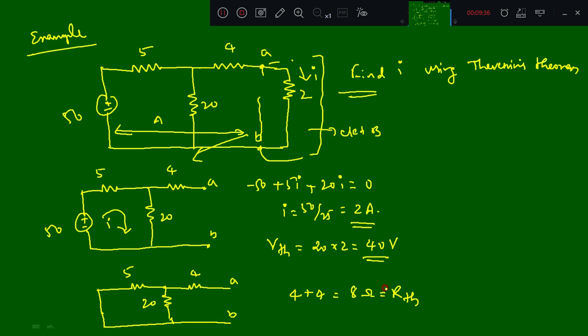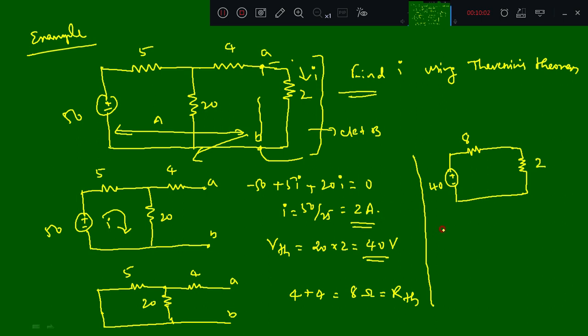Next, I need to combine the circuit. Here is the voltage source of 40, here is the RTH resistance of 8, and circuit B contains the 2 ohm resistance.